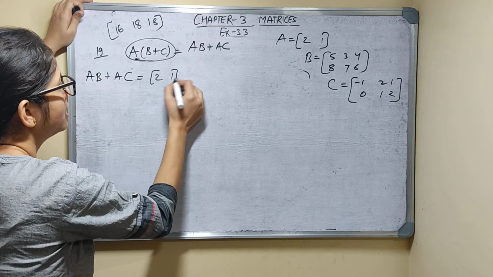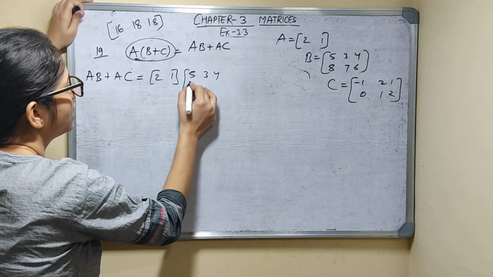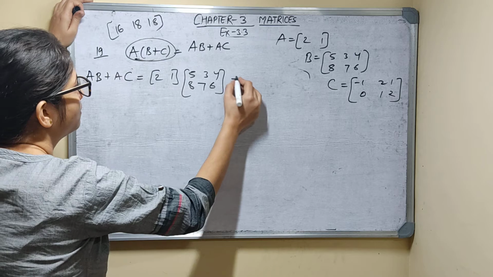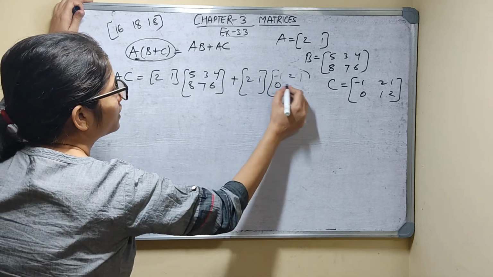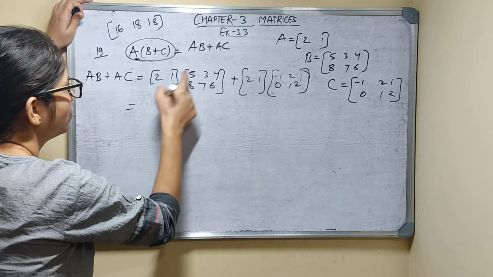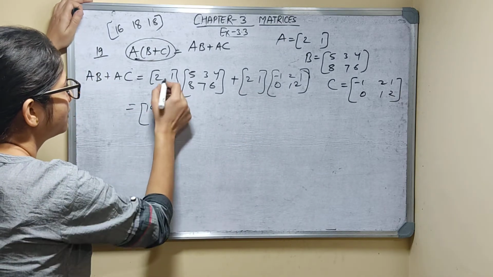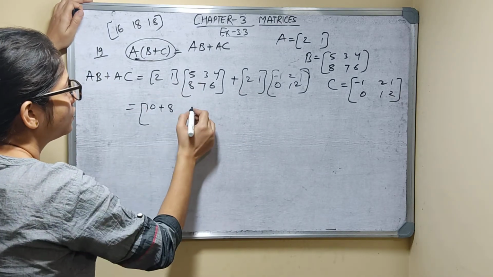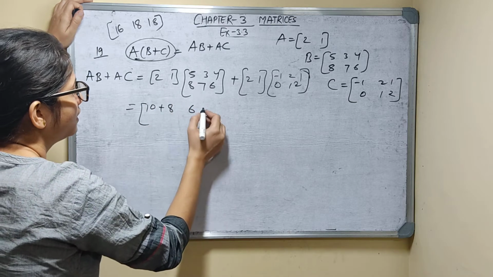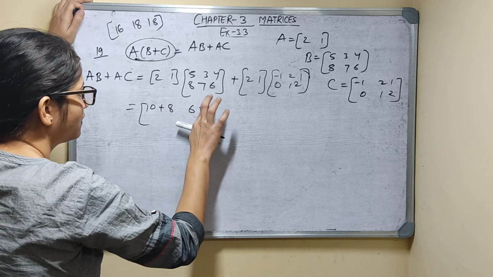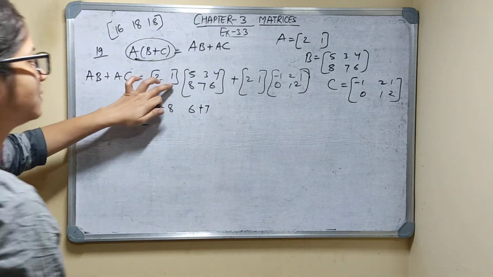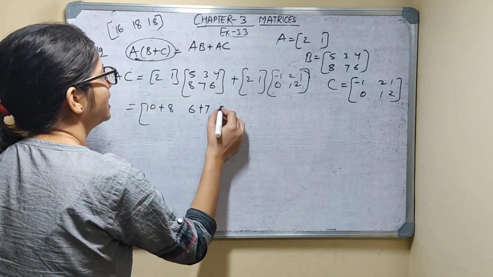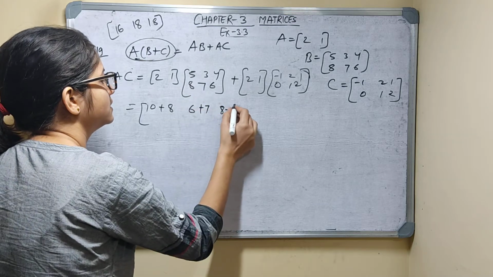So [2, 1] times [5, 3, 4; 8, 7, 6], plus A into C, [2, 1] times [-1, 2, 1; 0, 1, 2]. So 2 into 5 is 10 plus 1 into 8 is 18. 2 into 3 is 6 plus 1 into 7 is 13. 2 into 4 is 8 plus 1 into 6 is 14.